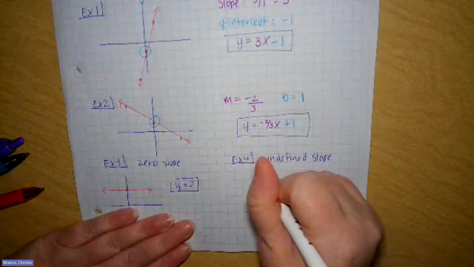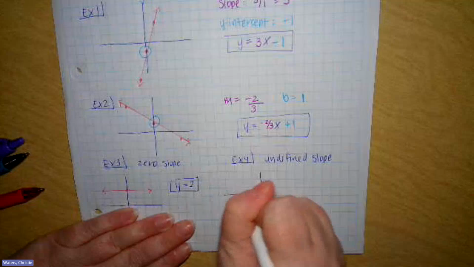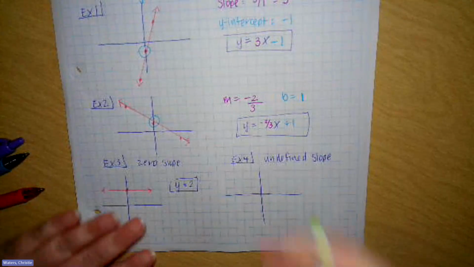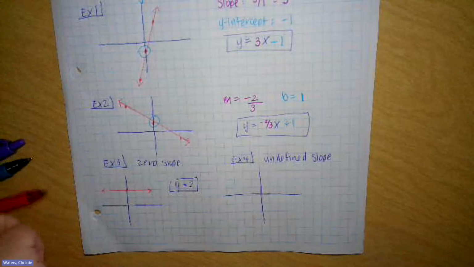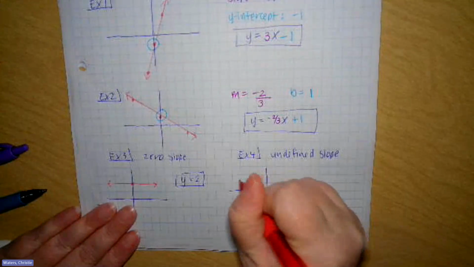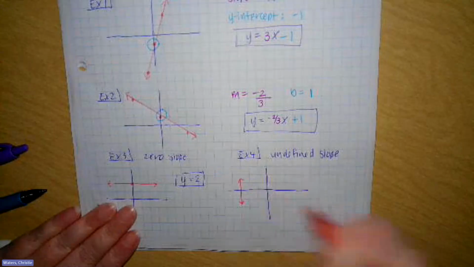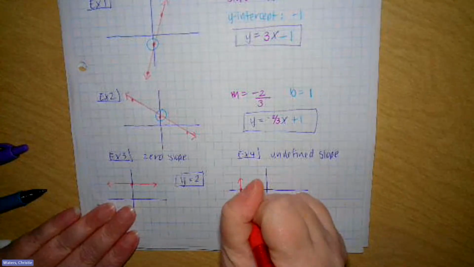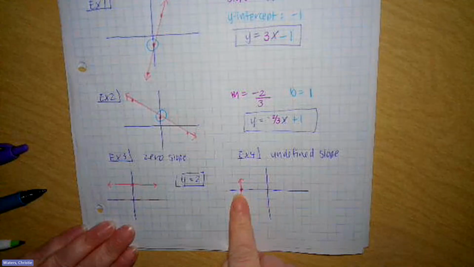The similar situation is going to happen with an undefined slope. For an undefined slope, those are those lines that are straight up and down. So I'm going to go ahead and draw one over here. Let's do it like 3 spaces over. And notice that this one only passes through the x-axis. It crosses my x-axis right here at -3.